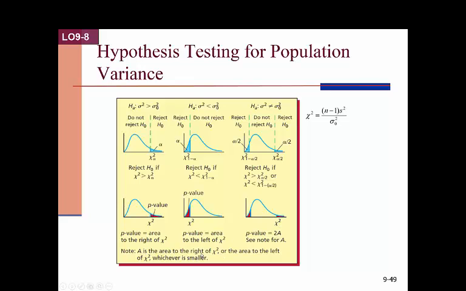In our case, one was 89%, the other was 11%. You pick whichever is smaller, so the 11%, and you multiply it by 2 to get the p-value. If it's one-sided, you just choose that side, the left-hand side or the right-hand side, based on what your sign is.